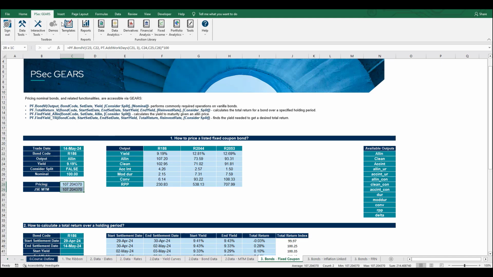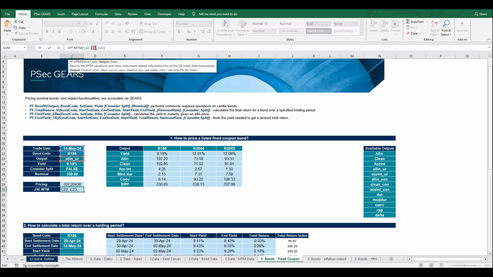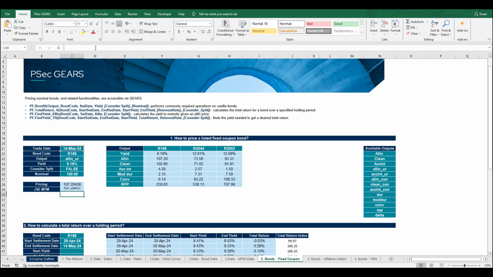And we can change the rounding quickly just to make that better. If we change this to the all-in unrounded, of course, this will not be recognized, so let's just quickly change the output here to the all-in just to compare to the unrounded.